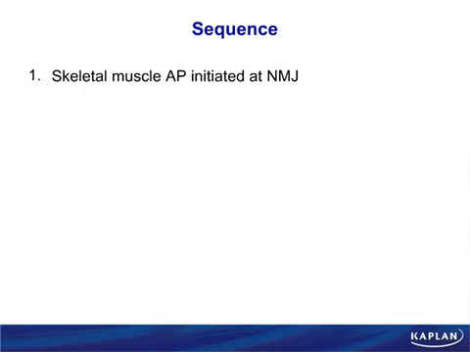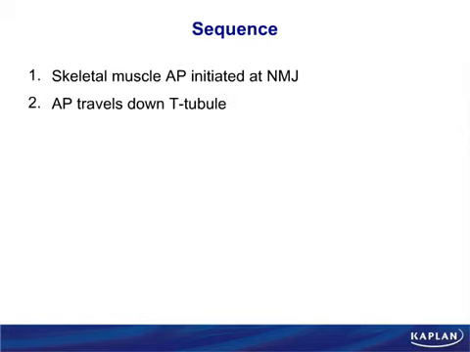Yes, it's the nicotinic muscle receptor, which is a ligand-gated ion channel. And when acetylcholine binds, we will see a change in the conductance of both sodium and potassium, but sodium is a key player. That's what initiates depolarization. We then get to threshold in the skeletal muscle membrane, and there's our action potential.